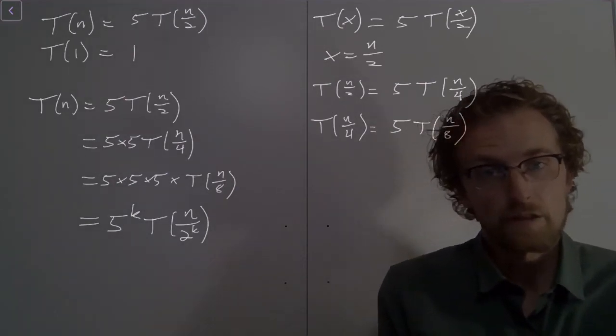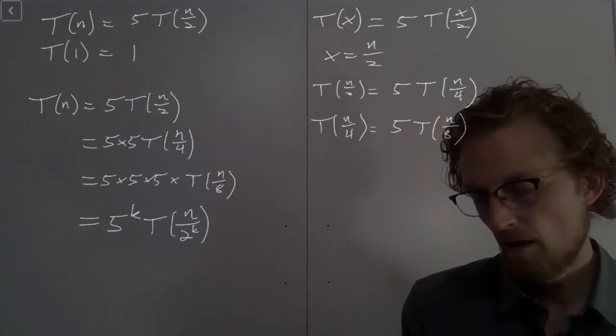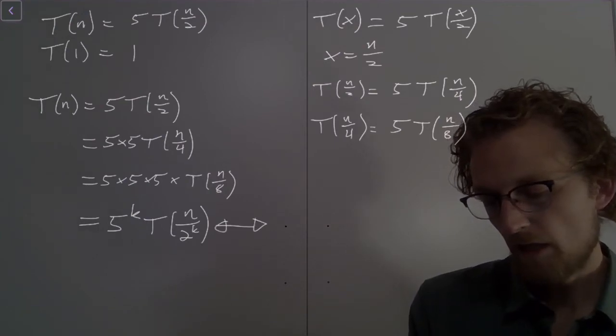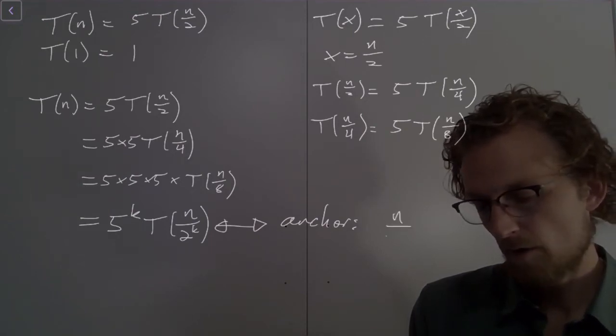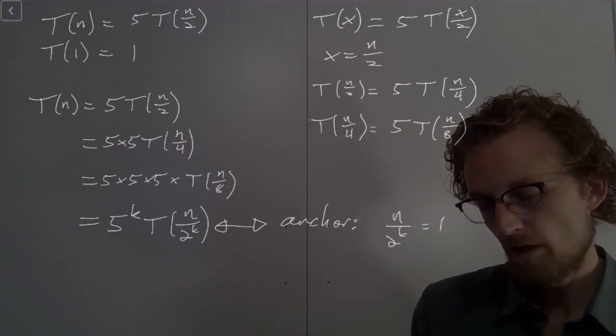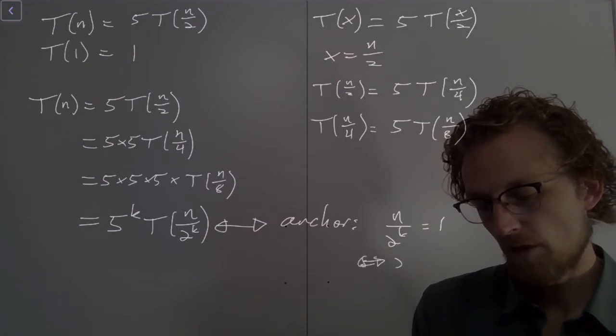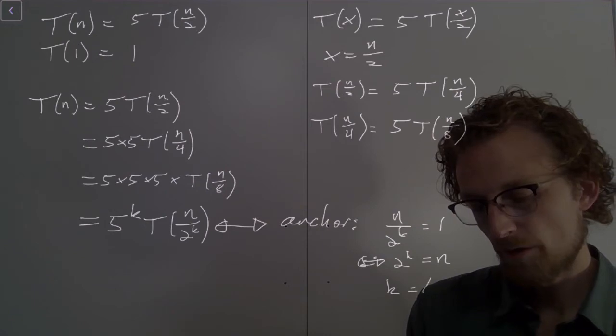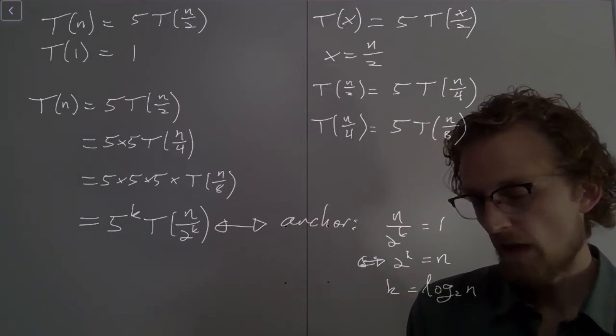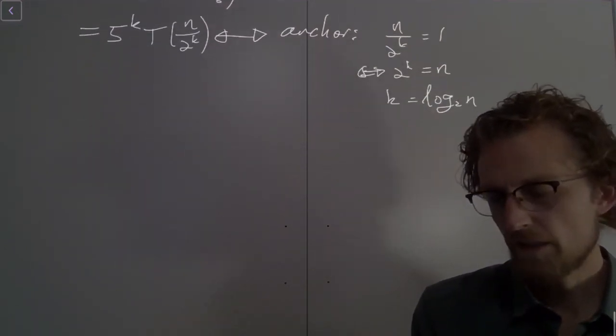Okay, so my anchoring step is just as simple as we've seen all along. The anchoring step gives me n over 2 to the k equals 1, or 2 to the k equals n, or k equals log base 2 of n.